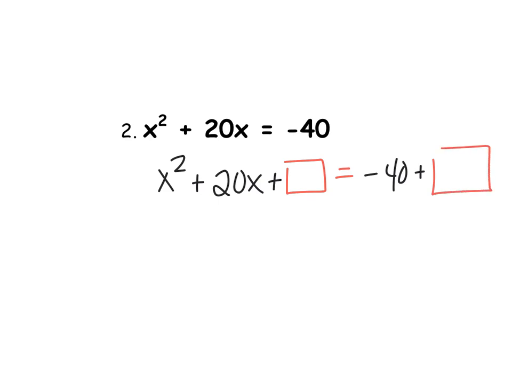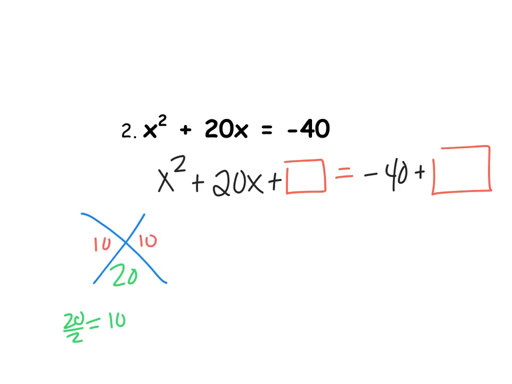I go to my diamond. If I were you, if I had colored pencils, I would take out some colored pencils to make this much easier. I put my 20 downstairs. I do 20 divided by 2, which is 10.